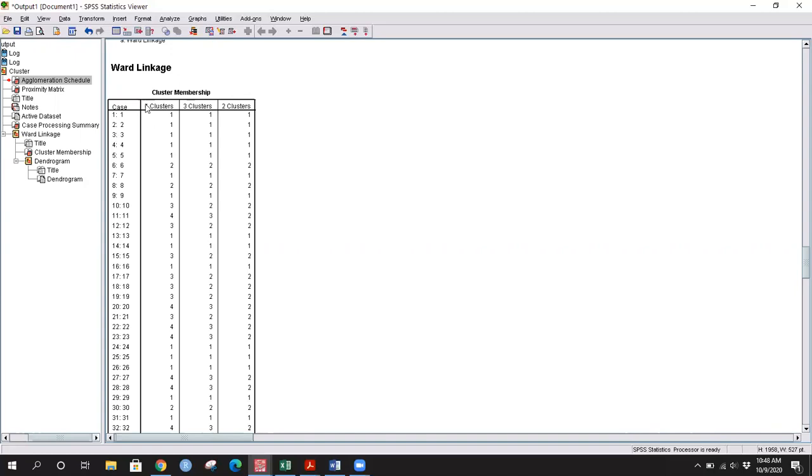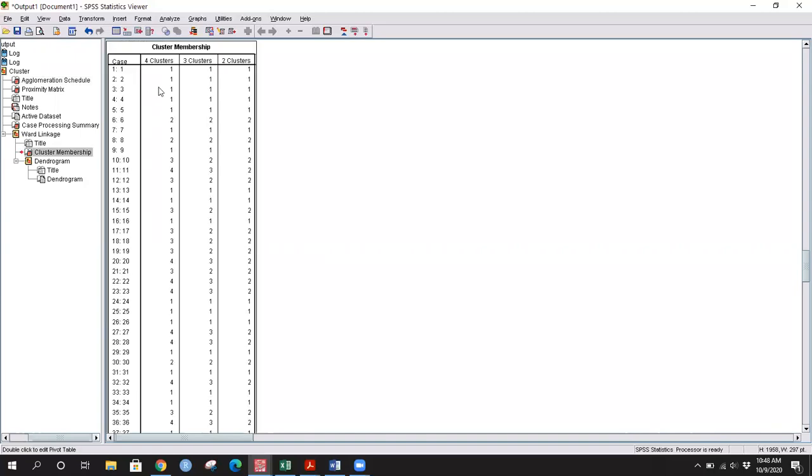Okay. So 4 clusters means that this is the 4 cluster solution in which I'm going to give labels from 1, 2, 3, and 4 to each of the individuals depending upon which cluster they lie in. For example, the person 1 lies in cluster 1, person 2 lies in cluster 1, 3 in 1, likewise 6th person lies in cluster 2, 11th person lies in cluster 4, and so on.